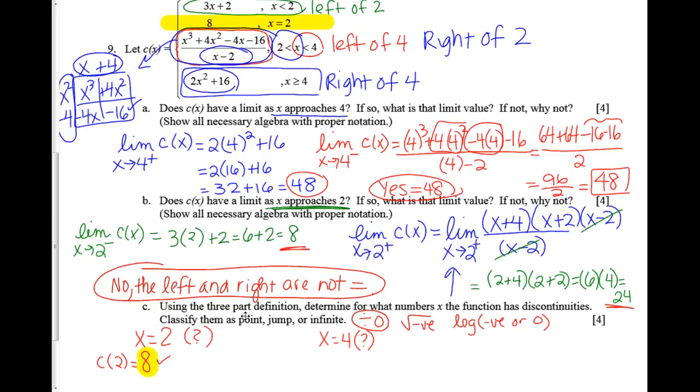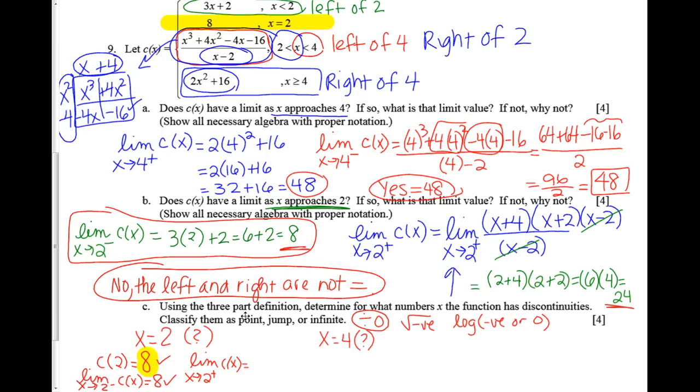Then I have to check, does the limit as x approaches 2 from the left of c of x exist? Well, I already found that up here. That was equal to 8. So that part passes. Then my final part of my three-part definition is, does my limit as x approaches 2 from the right of c of x equal the same number?